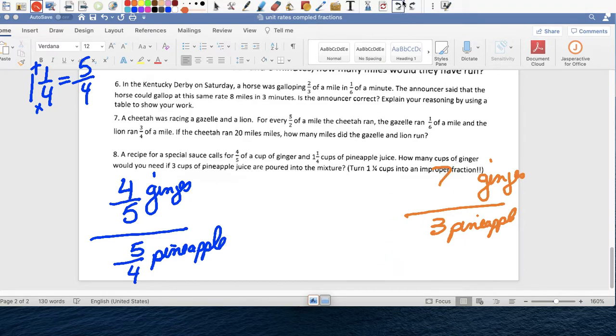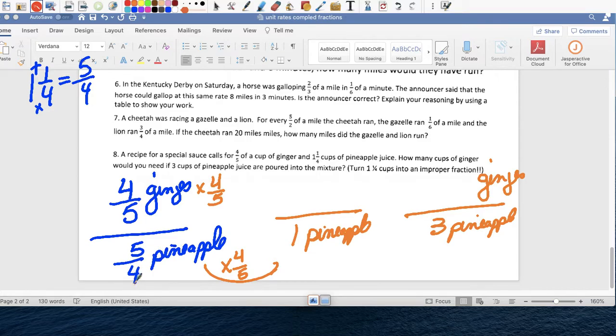So I'm going to use a unit rate. I'm going to change this. So if I have 1 cup of pineapple, how much ginger? Let's do that first. Times the reciprocal, which is 4/5. And this is times 4/5.